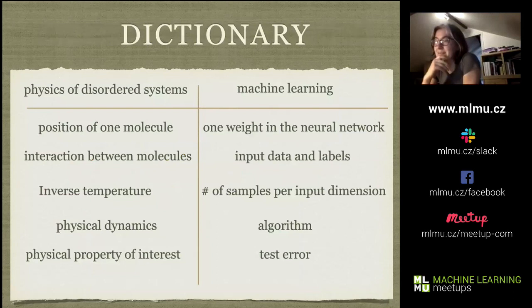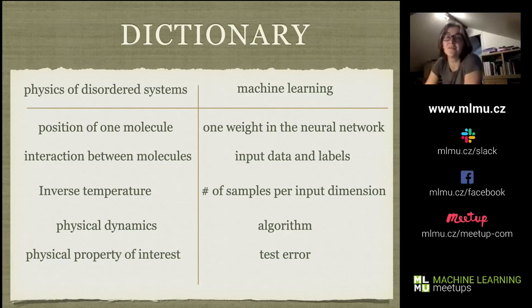And here I was giving a dictionary: this replica method, that gave us by some magic formula, that then for 30 years was mathematically open why that is the right formula, is actually a general mathematical method. Instead of positions of molecules, think of the weights in the neural network, and instead of interactions between molecules, think about the input data and the labels that play the role of the interactions.